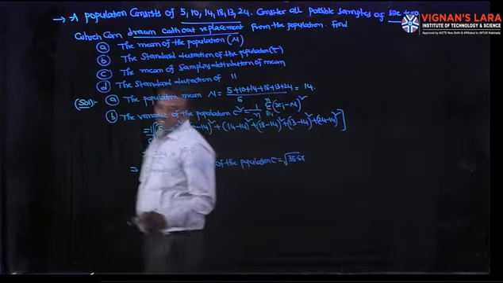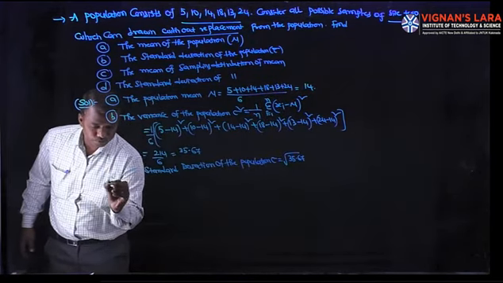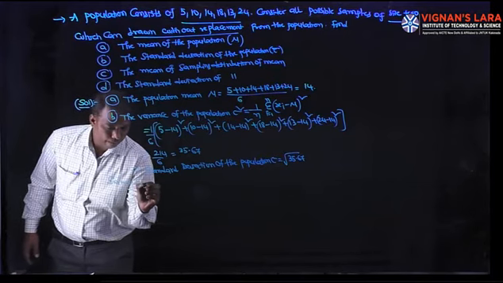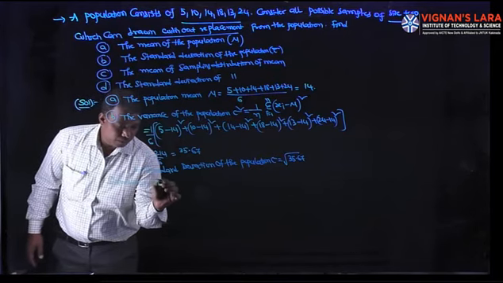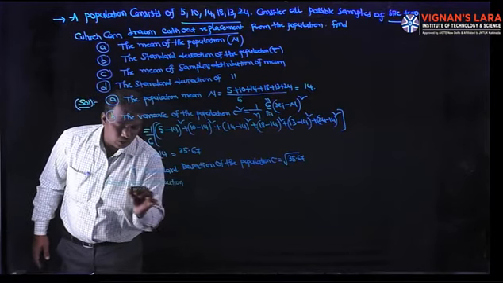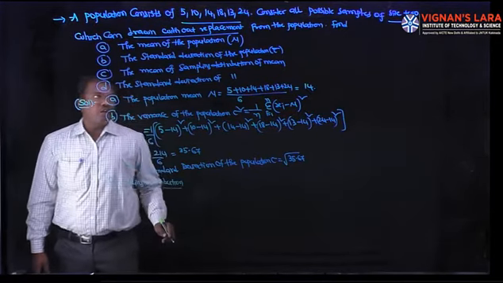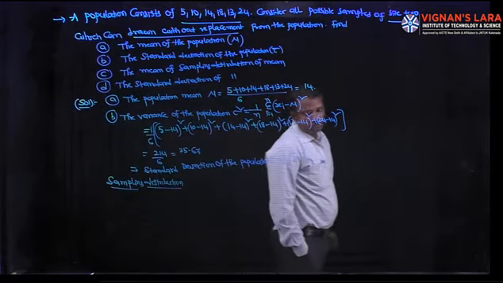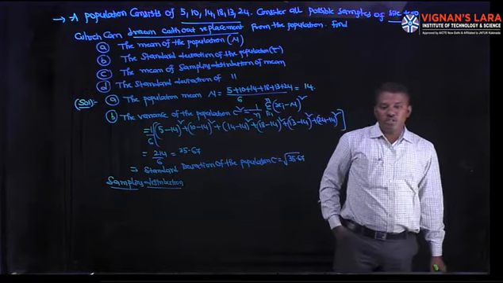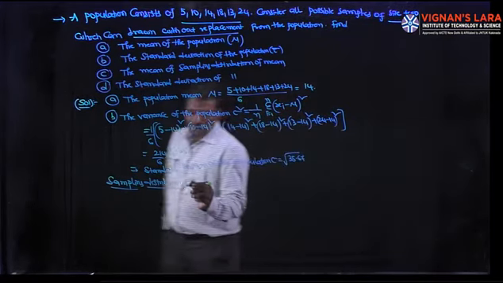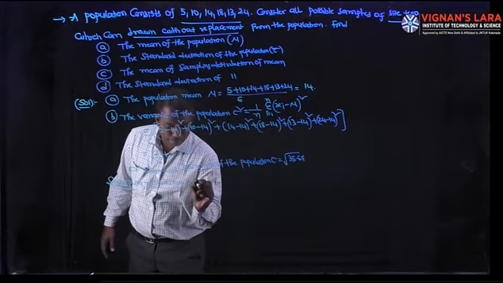So coming to the sampling distribution. How many elements are there? 6. The elements are 5, 10, 14, 18, 13, 24. So the sampling distribution without replacement.